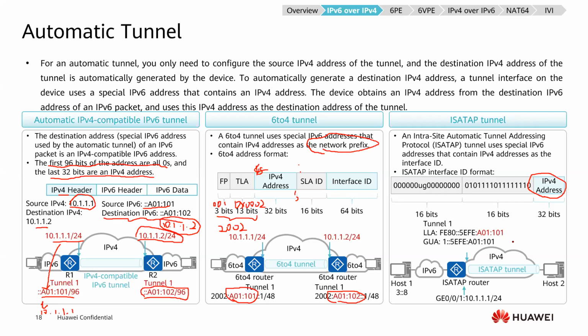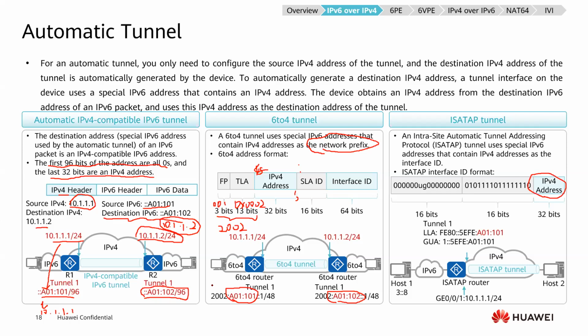Okay, these three kinds of terminals are the automatic terminals. You can find that it's not easy for us to configure, because you must configure the IPv6 network using the special IPv6 address, right?